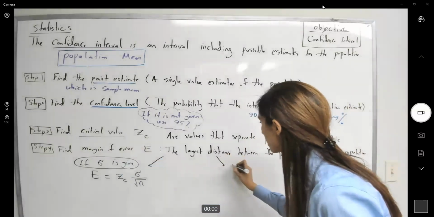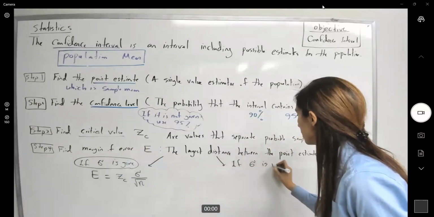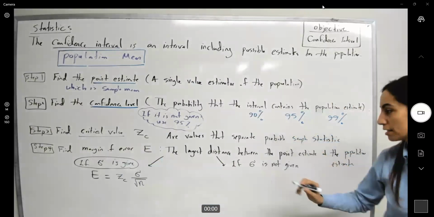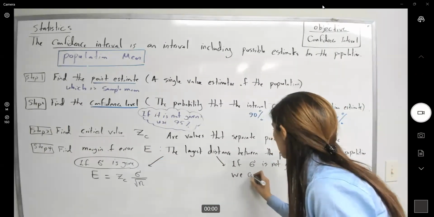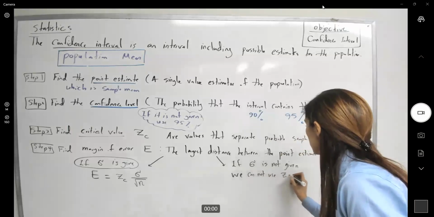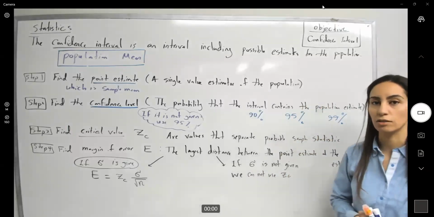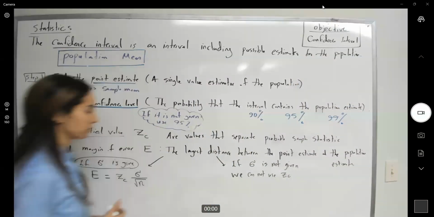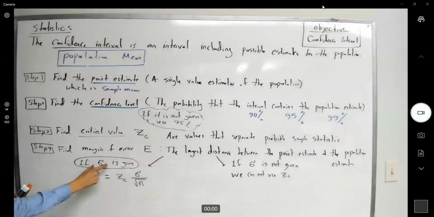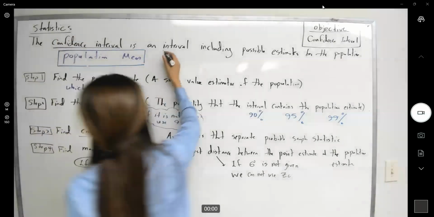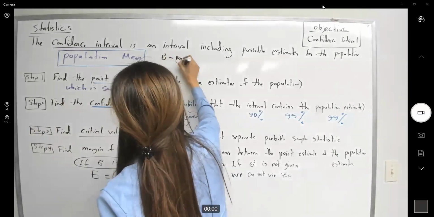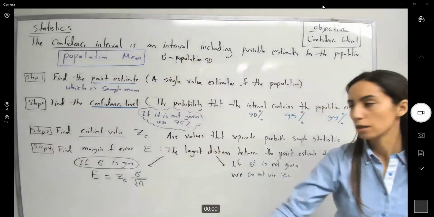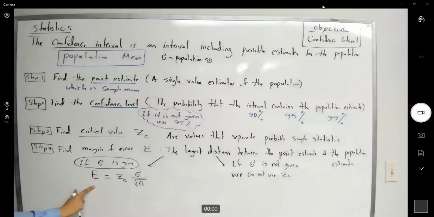However, if sigma is not given, we cannot use ZC. We have to find something that we call T sub C. So if you are in the case that sigma, or population standard deviation, is given to you, go ahead, go to step 4 and find the margin of error.